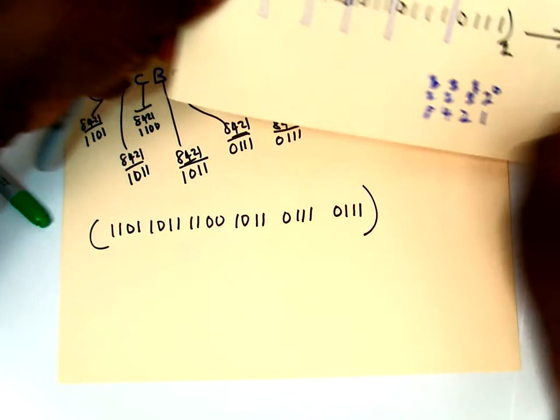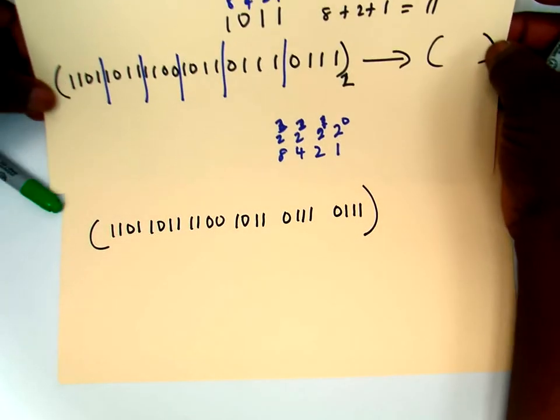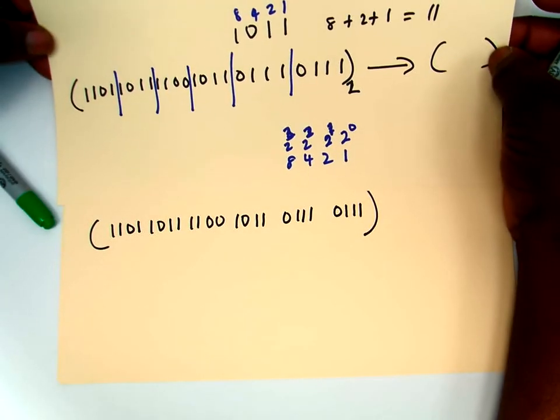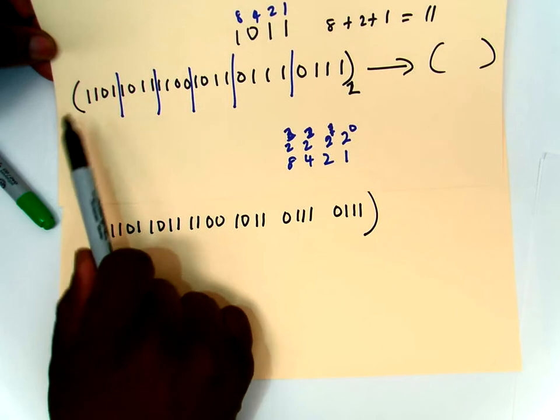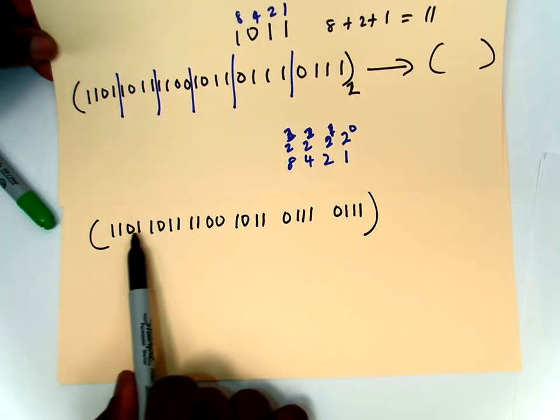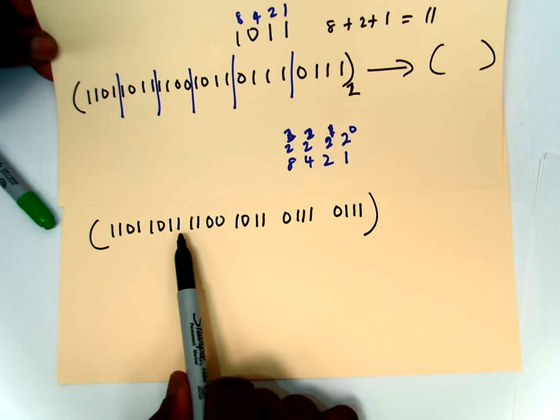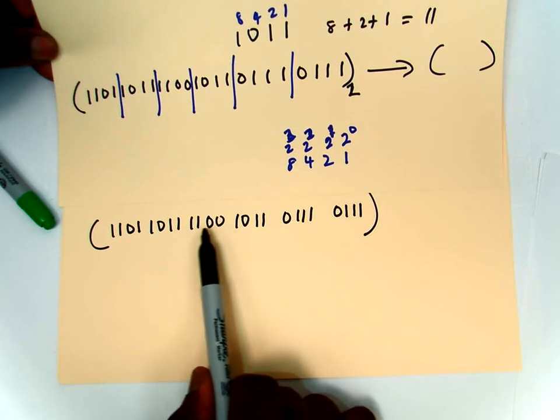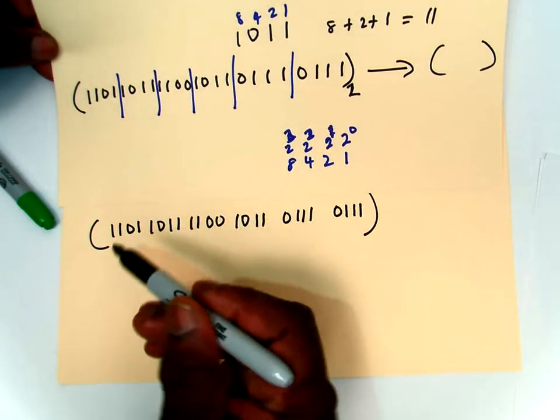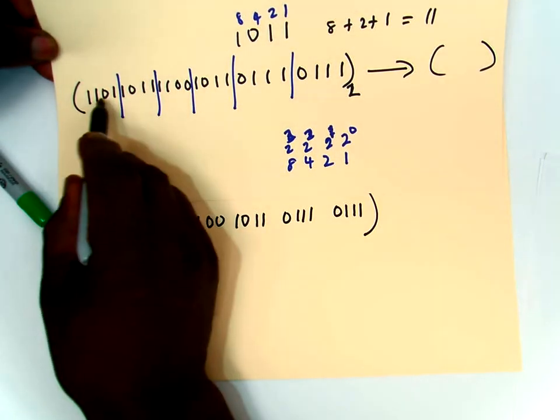So I'm going to put slide 1 there for you to see. You see that's exactly what we have. We have 1101, 1011, 1100, 1011, 0111, 0111. Well, let me group them so we can see.